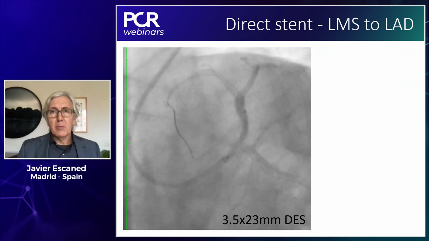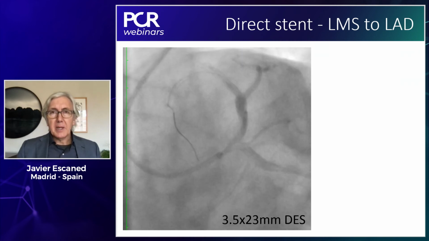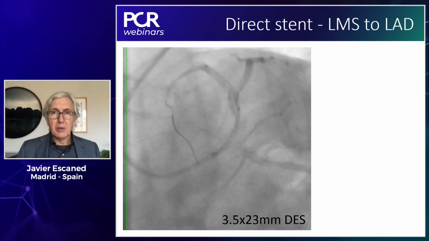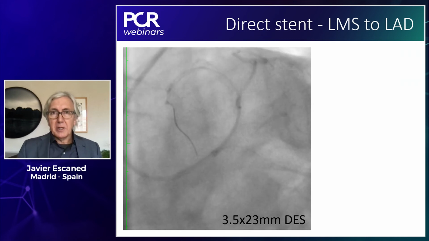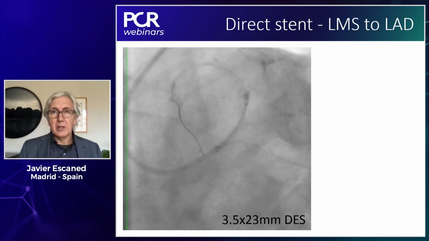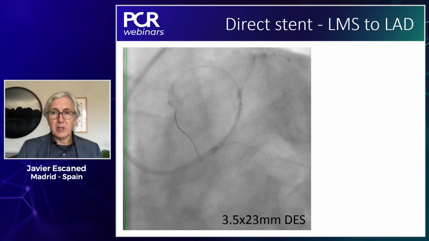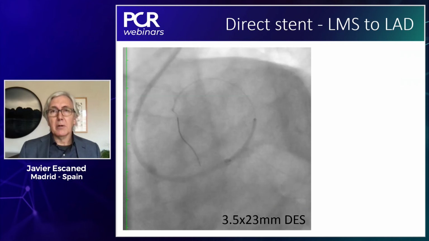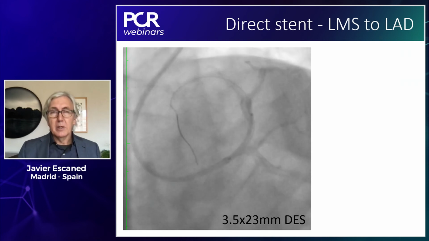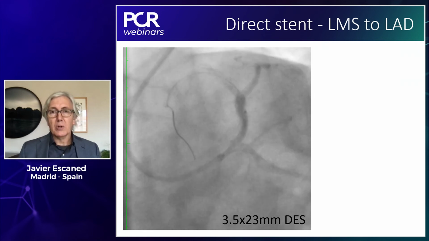I think it's important to remember that placing a stent into the left main is different than treating a left main stenosis, in the sense that the chances of generating restenosis, for example, by implanting a stent in a vessel that you are not stretching, that you are not damaging, that you are simply accommodating the stent, are much lower than stenting inside a plaque. And I think that is something that certainly overweights the limitations of trying to nail your stent to the proximal LAD, to the ostial LAD.